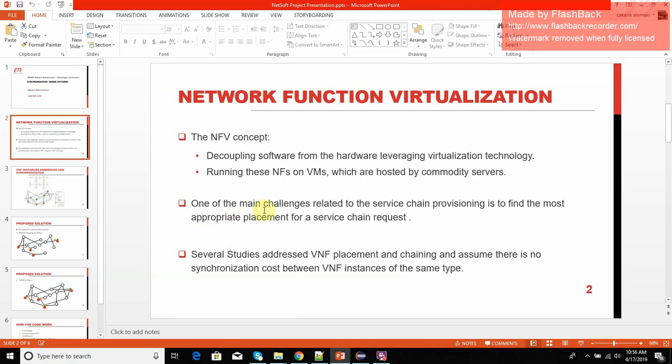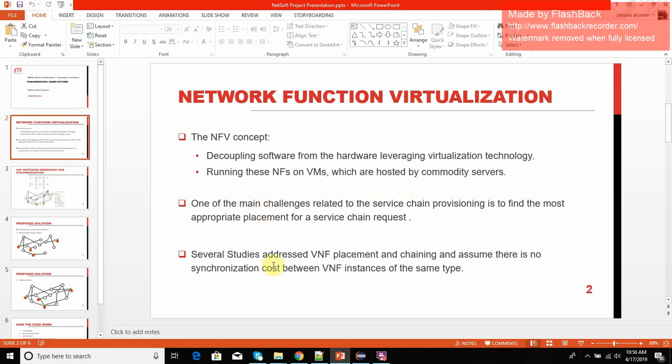One of the main challenges related to service request provisioning is to find the most appropriate placement for a service request that is composed of multiple instances, taking into account the request requirements in terms of bandwidth and resources.